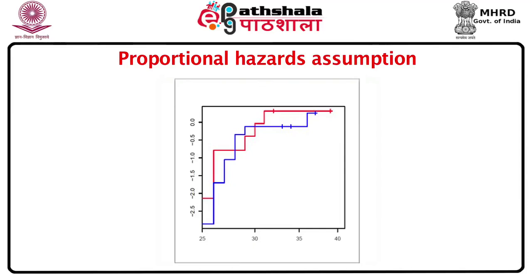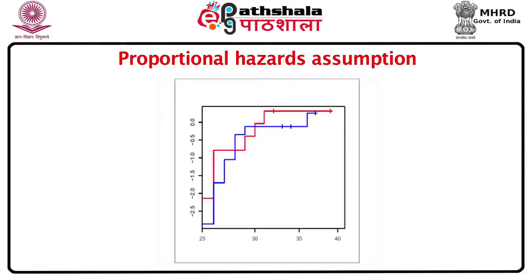Now, when we model this hazard function, a very common assumption is that hazards are proportional. This means that if we compare two individuals in terms of their hazard function at a fixed time t, and the covariate values for these two individuals are x1 and x2, then the differences in hazard should always be proportional to the difference in their covariate values.